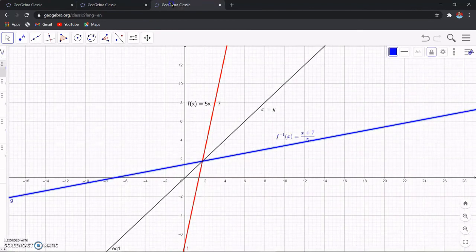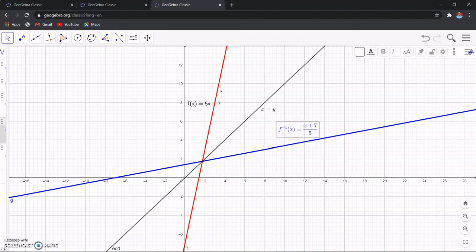Then one more that I've plotted is this example, which I think I did in the last video. If you take the function f of x to be equal to 5x minus 7, then this straight line, the red line that you can see, is the graph of that function, right? And its inverse turns out to be (x plus 7) by 5.